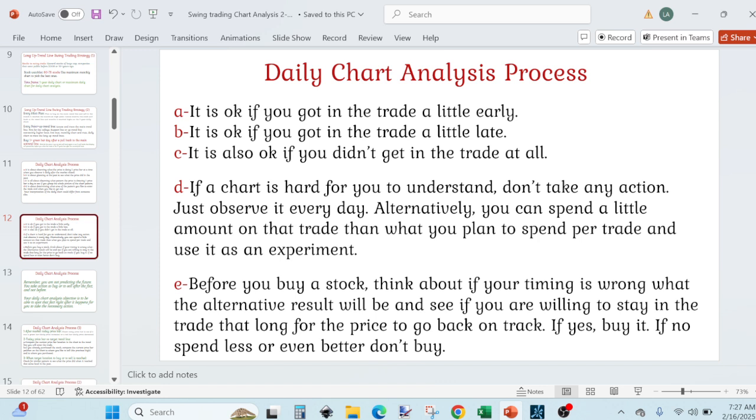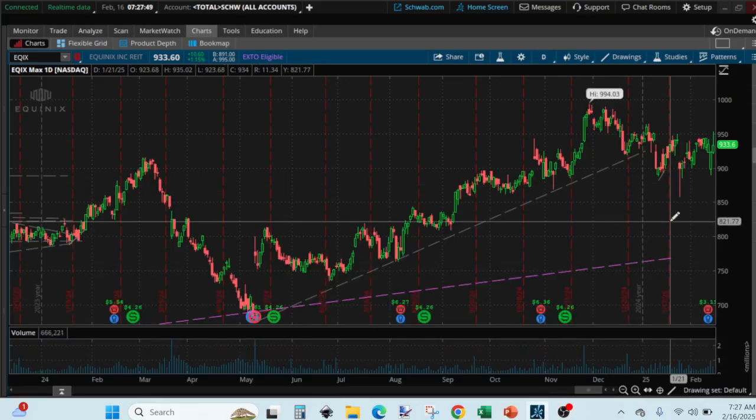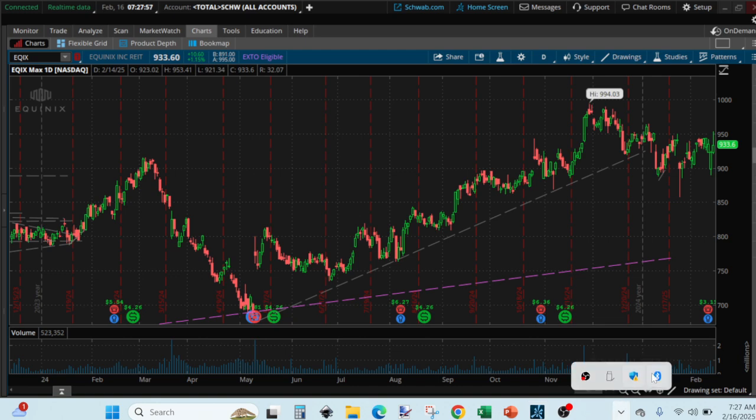So before you buy a stock, think about what will happen if your timing is wrong. How long will you have to stay in the trade before the price comes back again to that level?